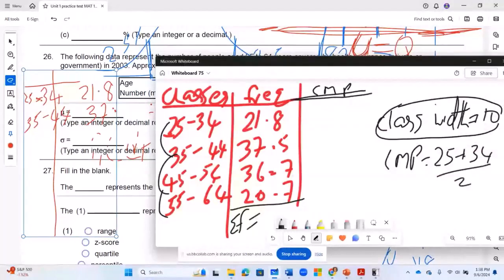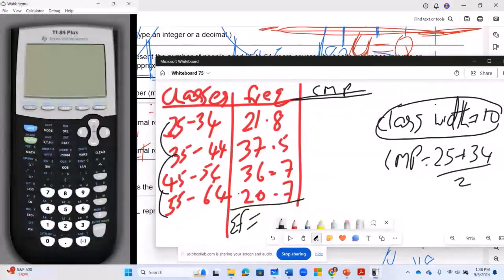Okay. And then we want to find the class midpoint of each class and then find the total frequency also. So the class midpoint of the first class is 25 plus 34.